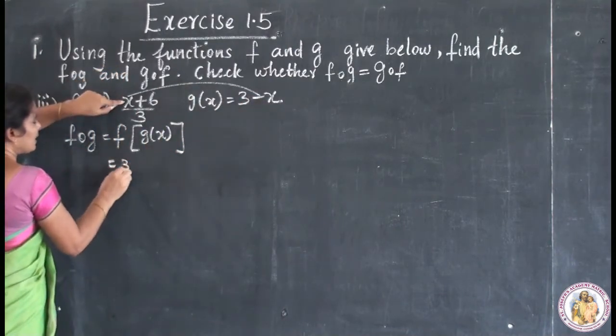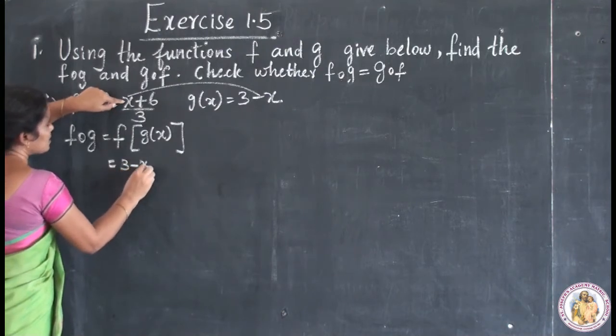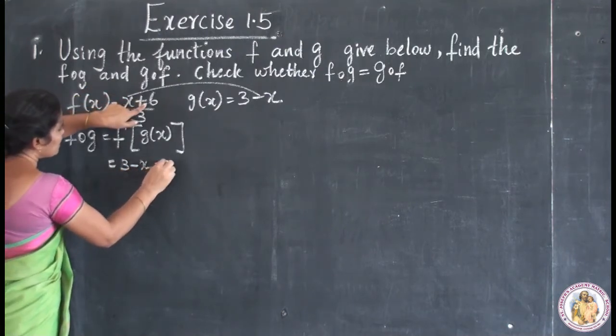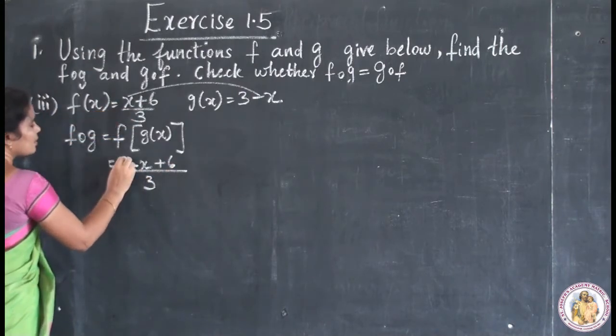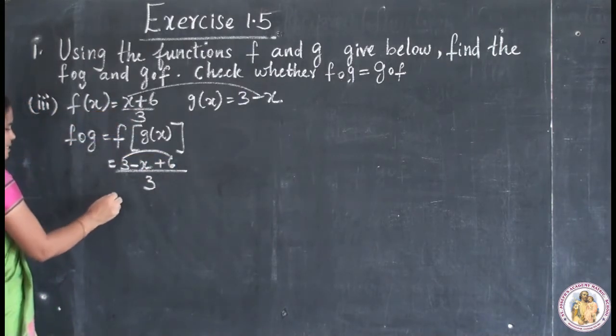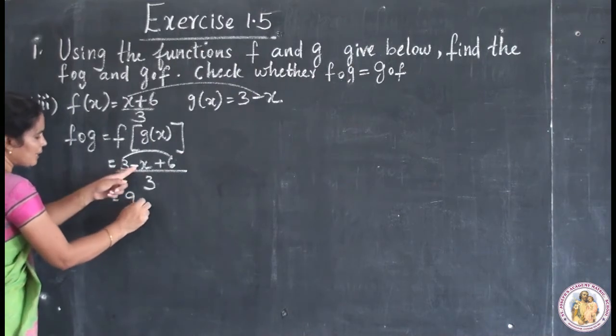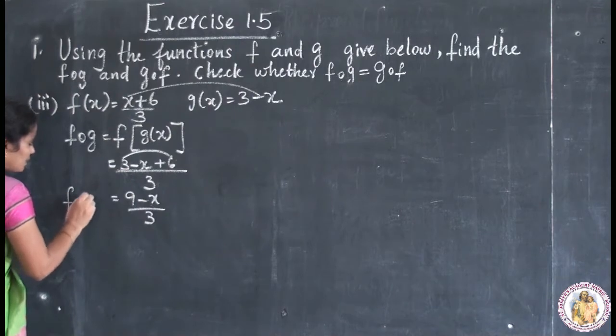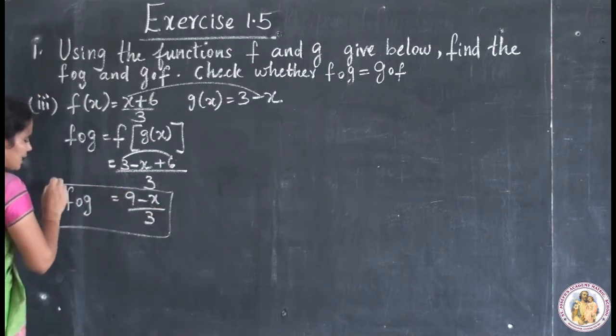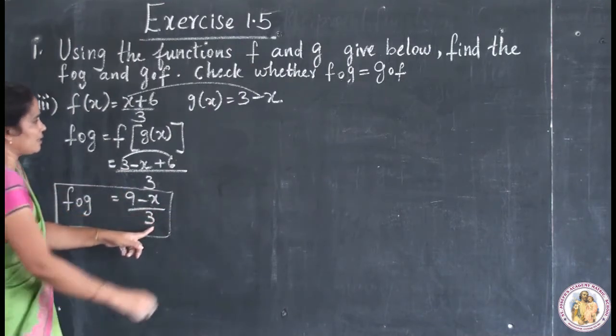So write 3 minus x and plus 6 divided by 3. Here 3 plus 6 is 9, minus x by 3. So f of g is 9 minus x divided by 3.